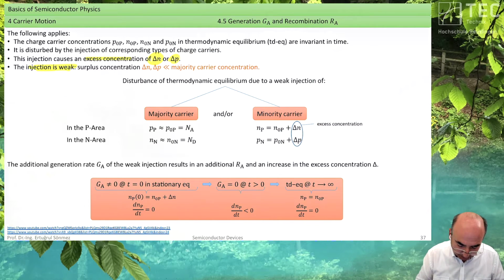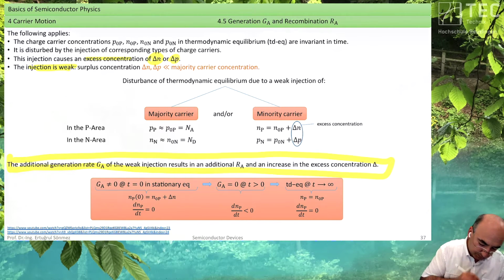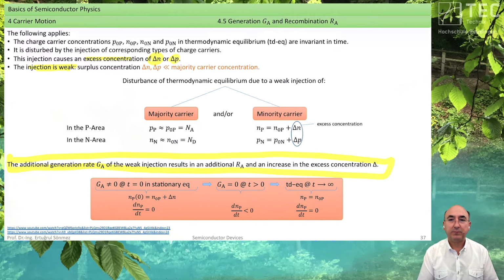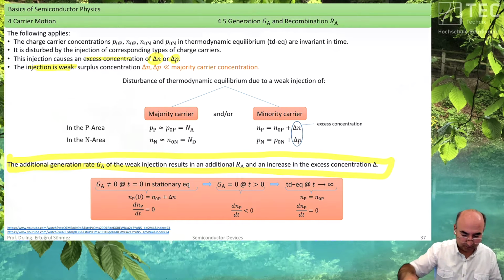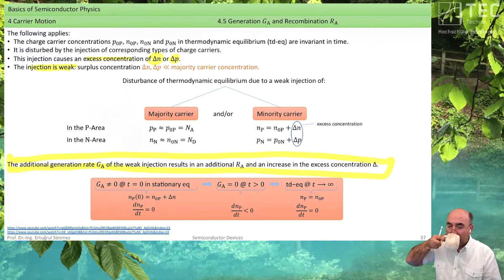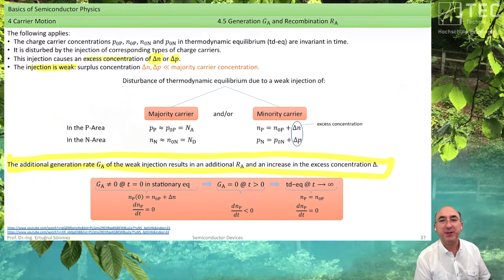Now we make an experiment, and this experiment gives us this result. Please read it first yourself. Just this sentence. What does this sentence mean?